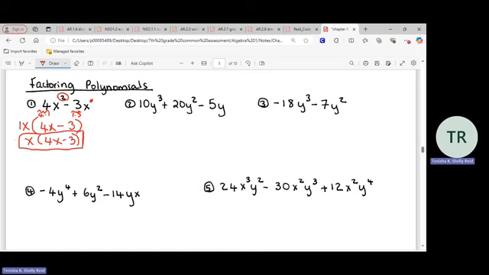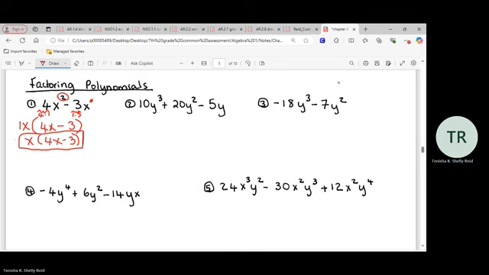Now to check it when you factor, you can always multiply. Let's go ahead and check our work.